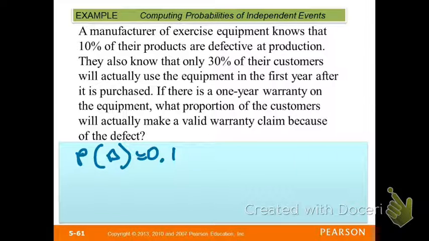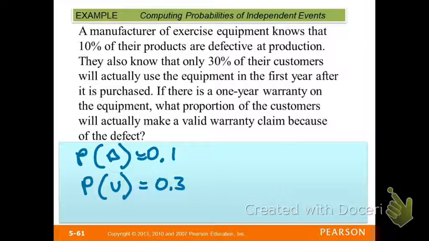And they also know that 30% of their customers will actually use their equipment. So the probability that the equipment actually gets used is equal to 0.3. If there is a 1-year warranty on the equipment, what proportion of the customers will actually make a valid warranty claim because of the defect?